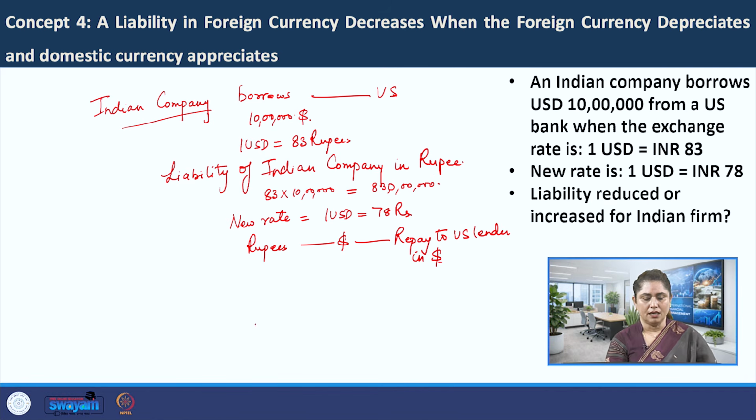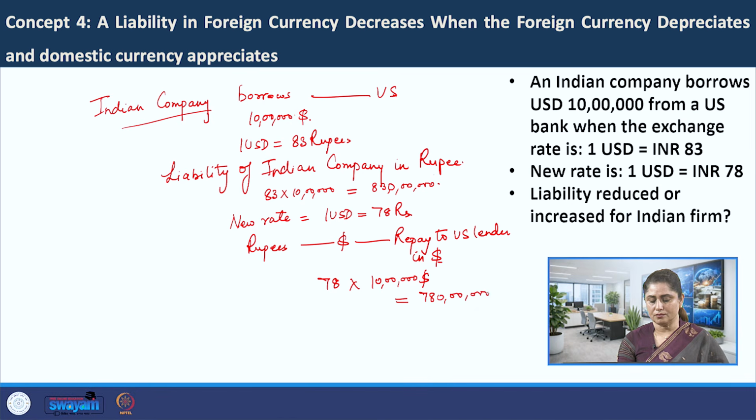So, here it has to pay 10 lakh dollars multiplied by 78. So, here it is going to be around 7 crore 80 lakh rupees.